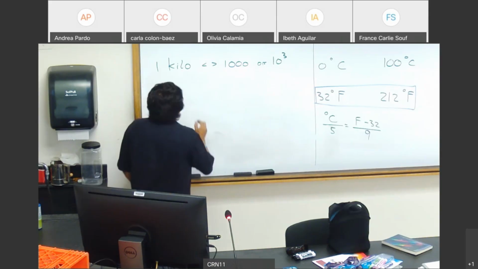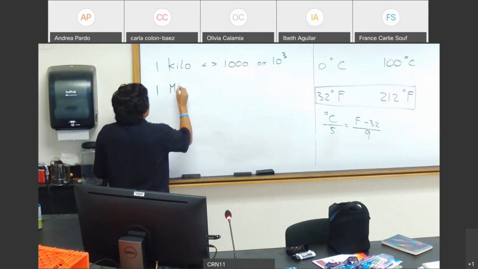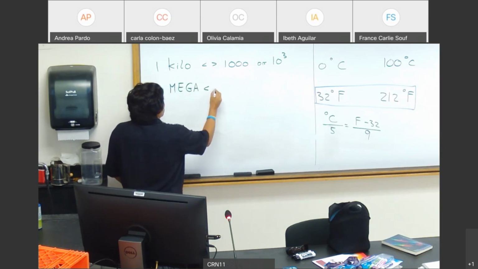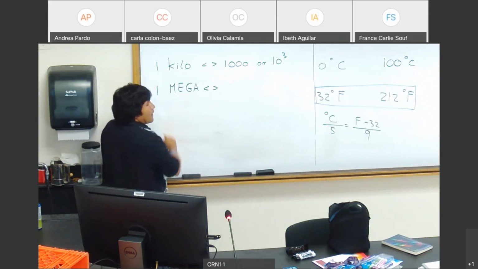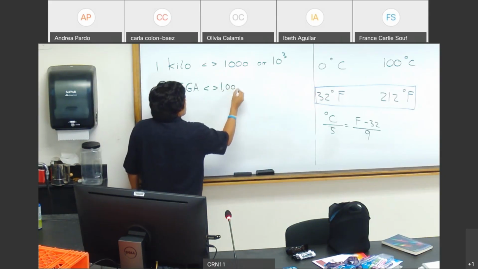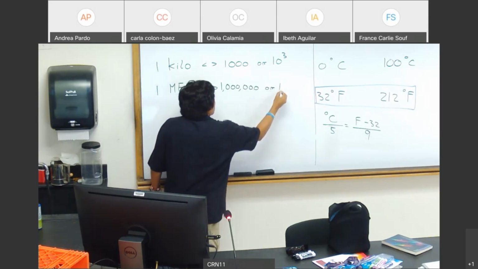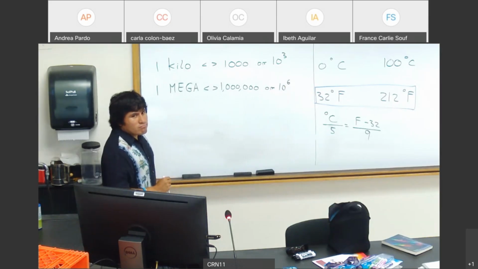Yes. 1 megabyte. So now you know when you have megabytes or kilobytes, 1,000 bytes, megabytes, a million. Right? These two are very important for there.